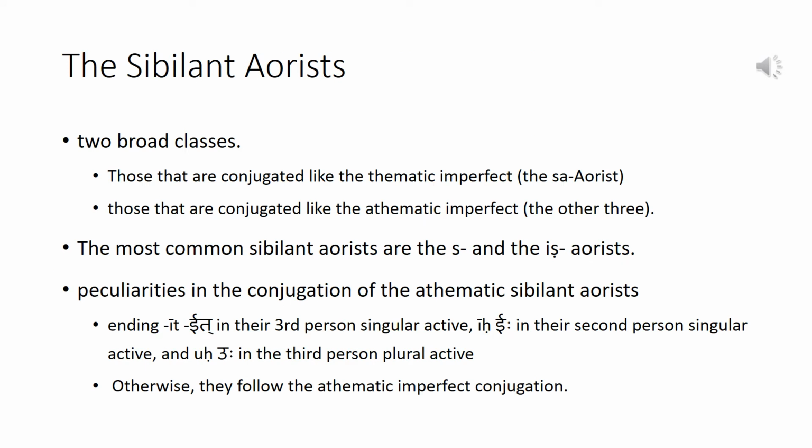The sibilant aorists fall into 2 broad classes: those that are conjugated like the thematic imperfect and those that are conjugated as the athematic imperfect.